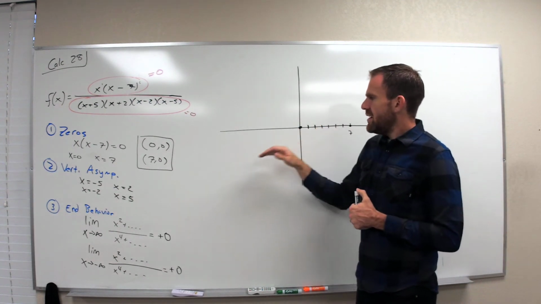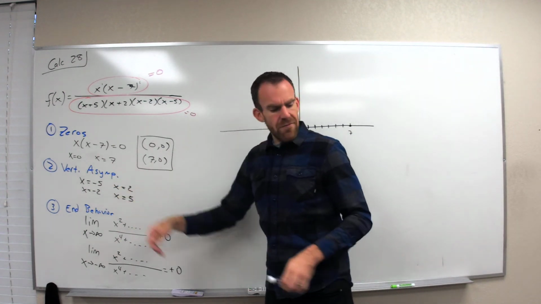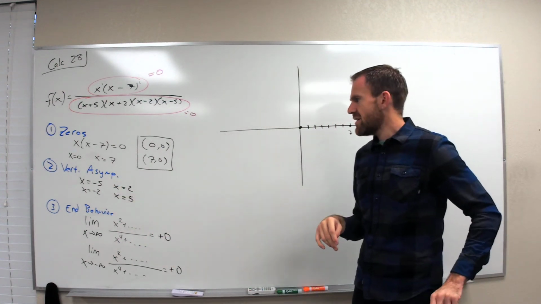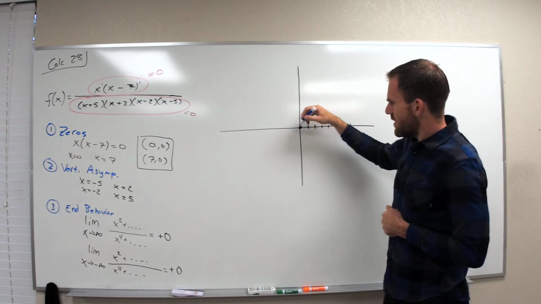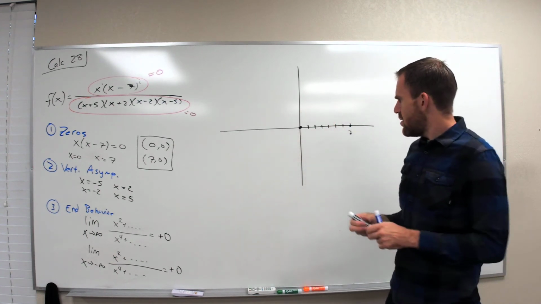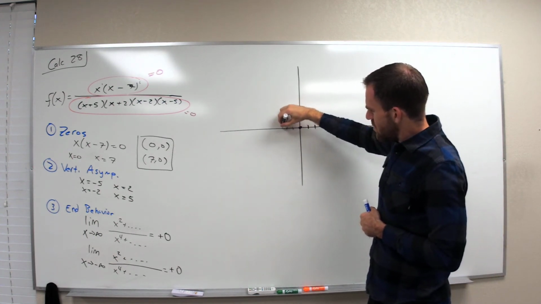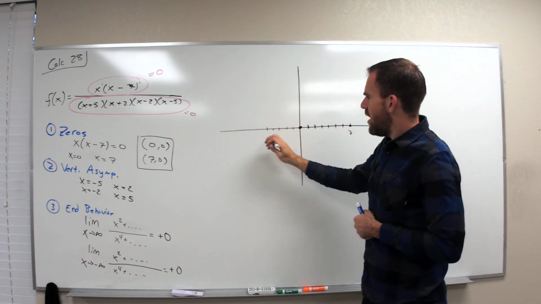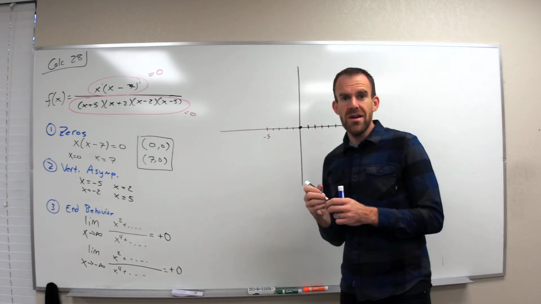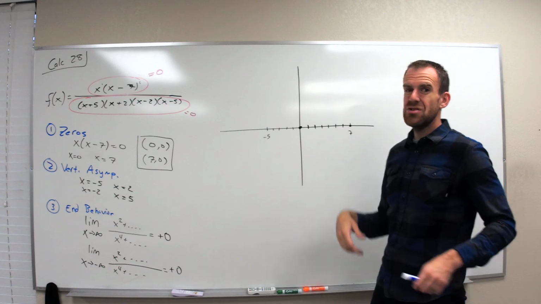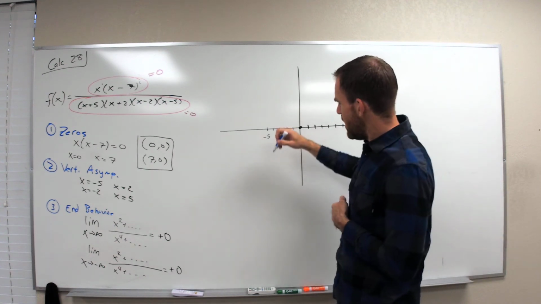Now, I need to mark my asymptotes. I have 4 vertical asymptotes. X equals 2, or sorry, x equals -5. Let's go back a little bit. 1, 2, 3, 4, 5. I would highly recommend not marking the scale on the y-axis because you really don't know what's going on.